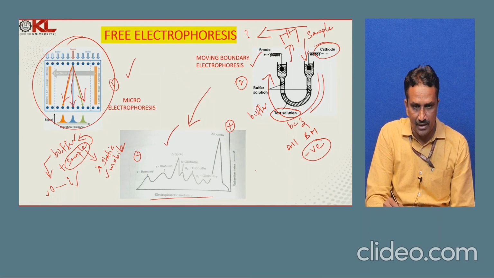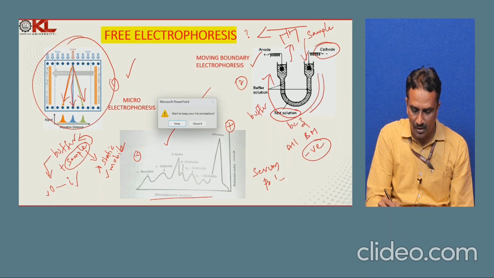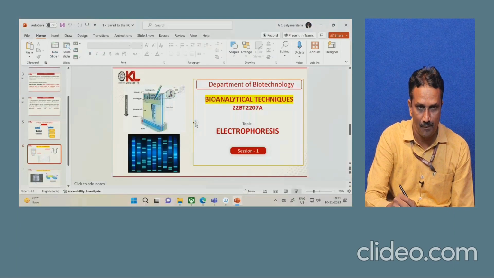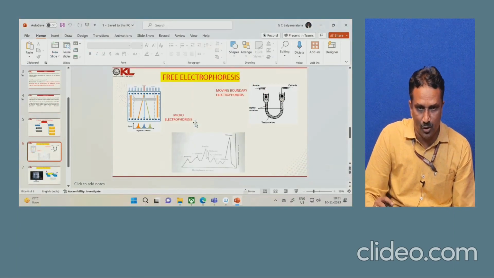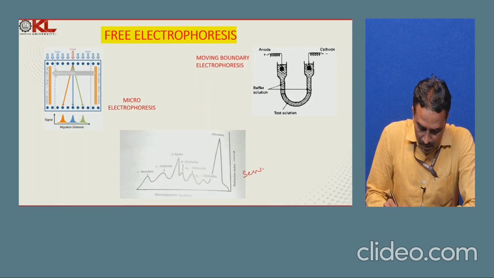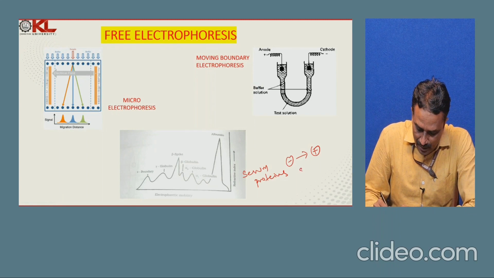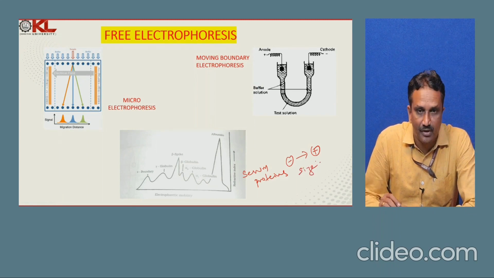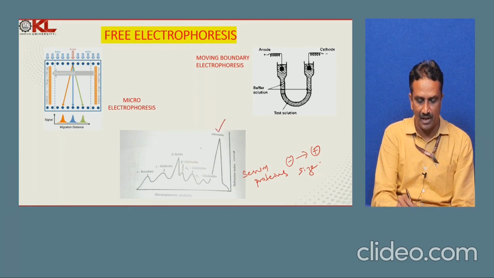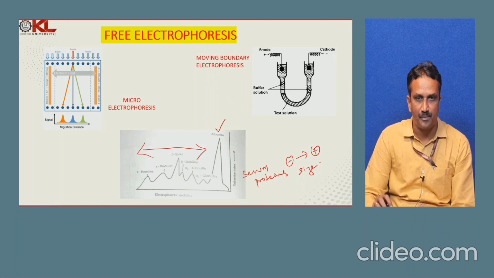What we see are serum proteins, where the proteins, once loaded at the cathode end, move towards the anode end based on their size. In this, albumins are quite greater, followed by the globulins.